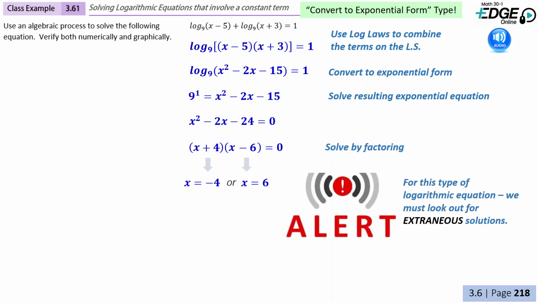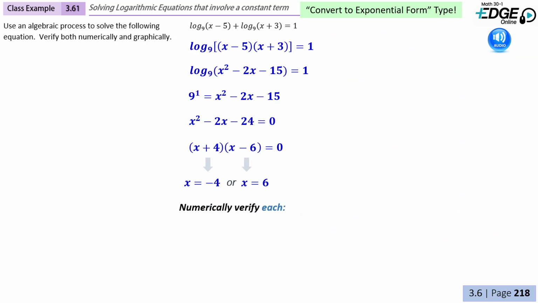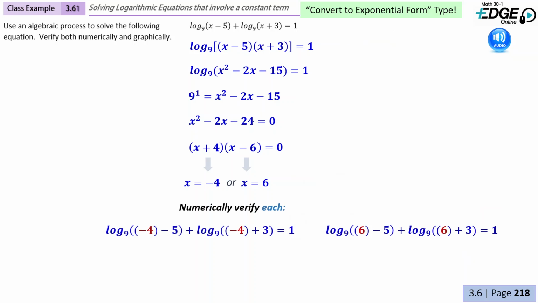But be careful, for this type of logarithmic equation, we need to look for extraneous solutions. So this is where we are going to verify to make sure that we actually have the proper solutions here. So first we'll try throwing negative 4, the solution, back into the original equation and setting it equal to 1.